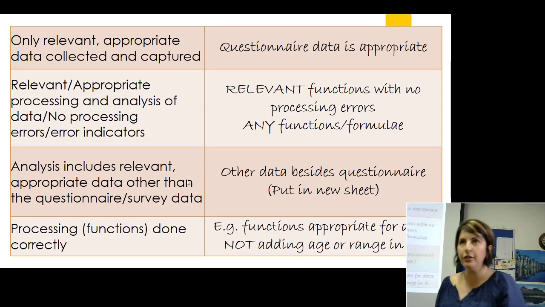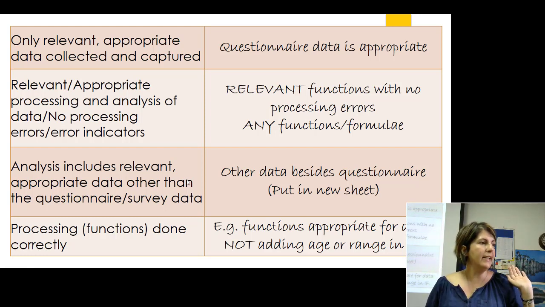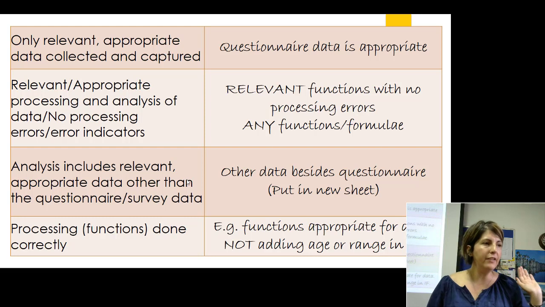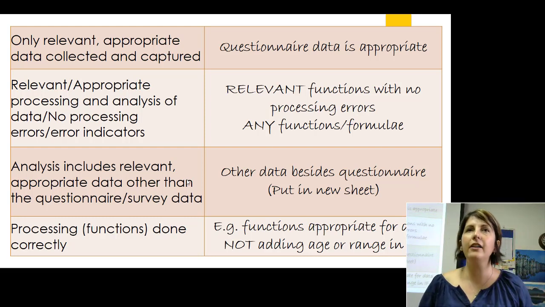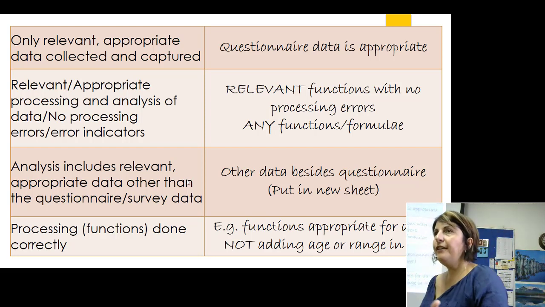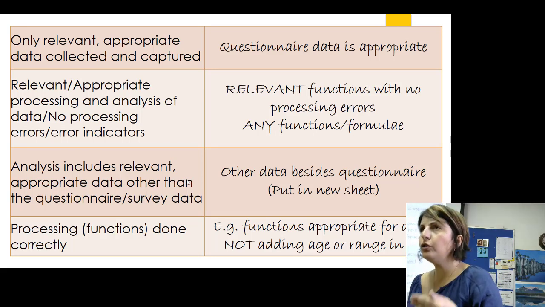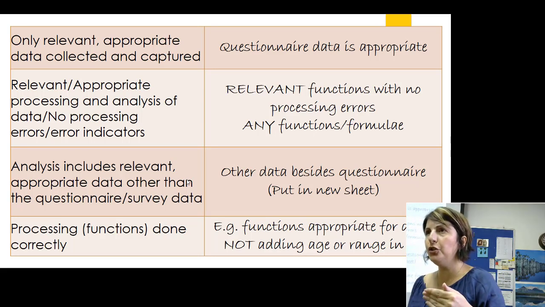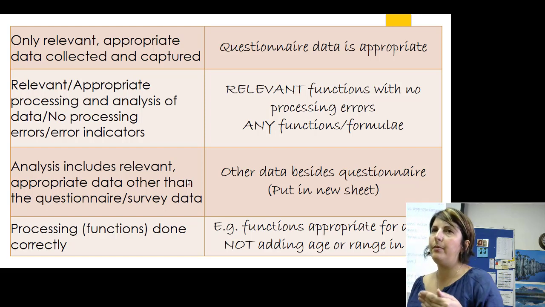So download the Google Sheets, it's in Excel. Okay, done. Relevant processing and analysis of data. Relevant functions with no processing errors. Any functions. Here we get to the carbon copy thing as well. If you've got 217 learners in your class and all 217 learners use exactly the same functions, it's a problem.